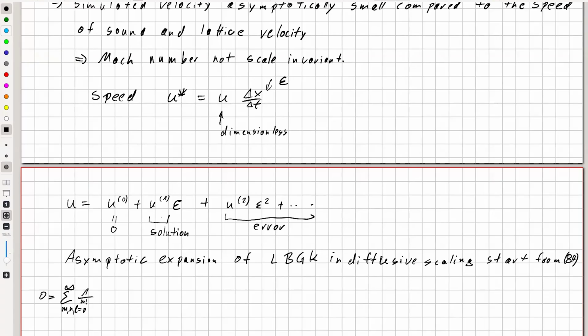It's 1 over m factorial n factorial L factorial. So it's the same equation that we had before. I just write it again.